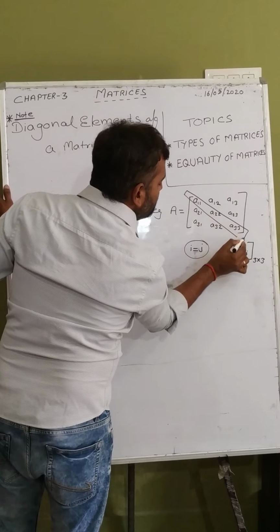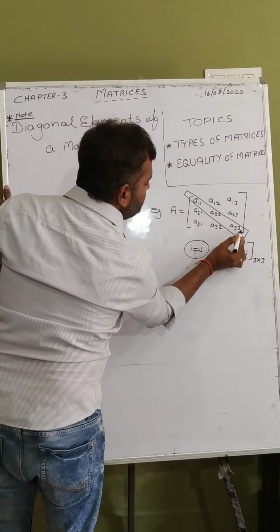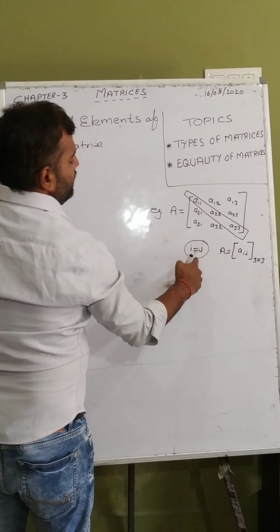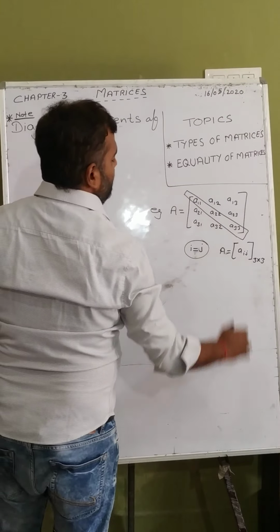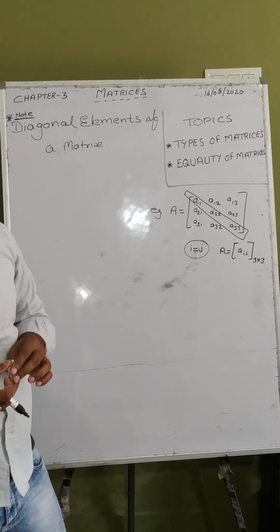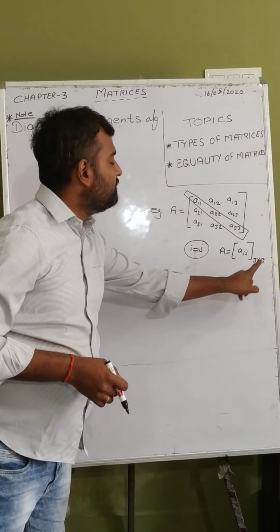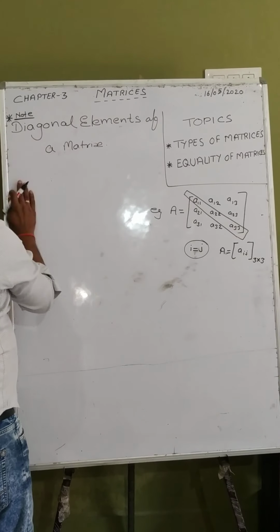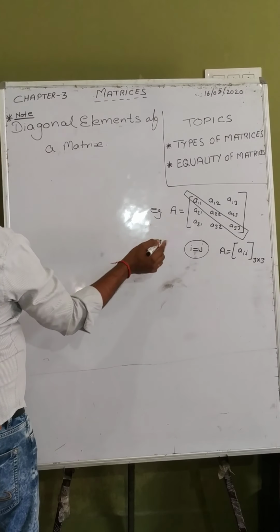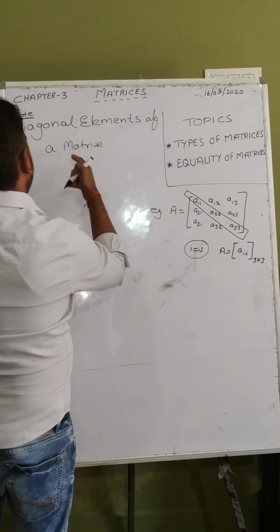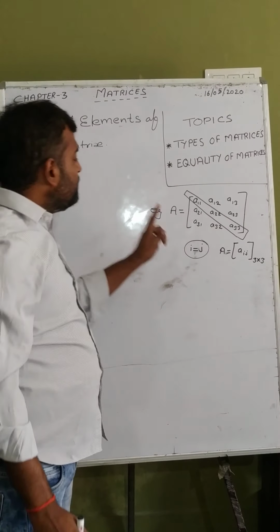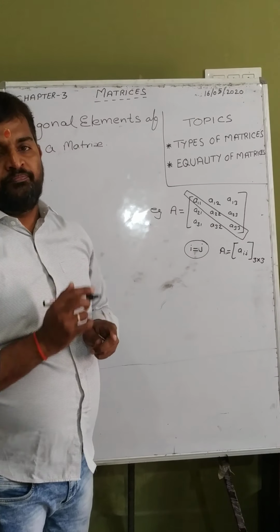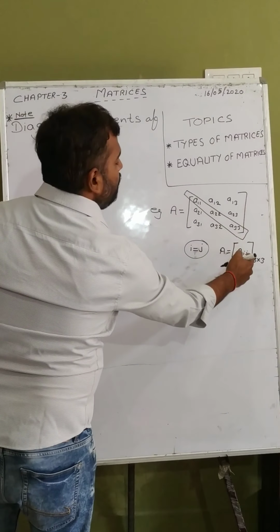You can see here: a11, a22, a33. For all these 3 elements i and j are the same, so we can say that a11, a22 and a33 are the diagonal elements of this 3 by 3 square matrix. Getting the point? So the diagonal elements of a square matrix are those elements of a square matrix for which i equals j. We have considered here a square matrix.